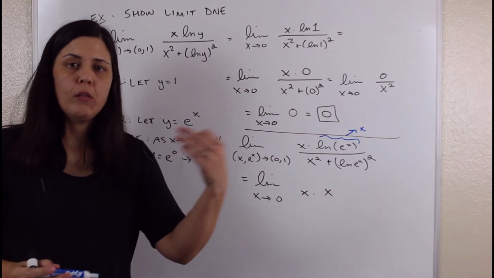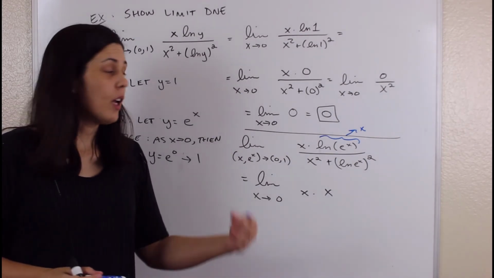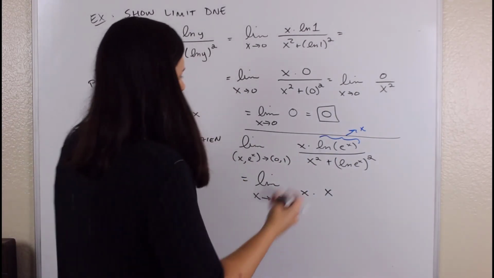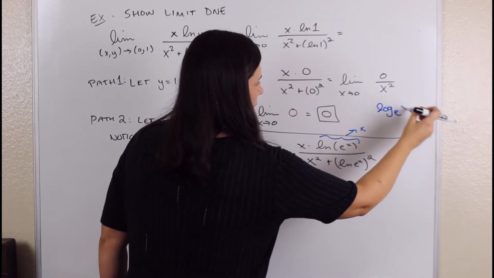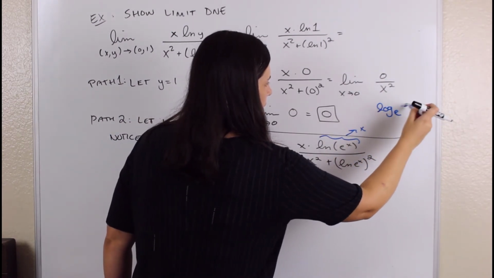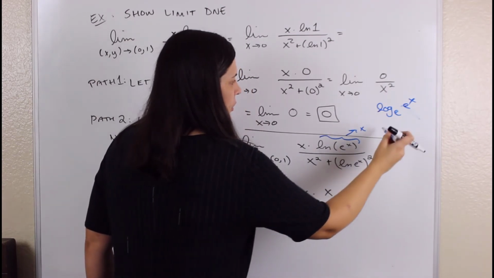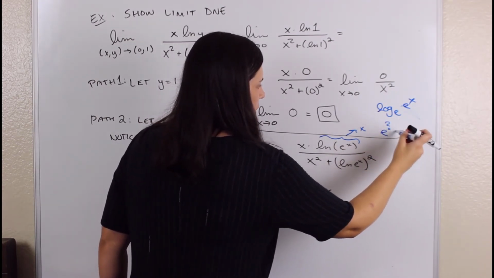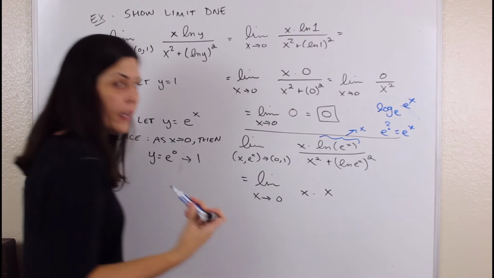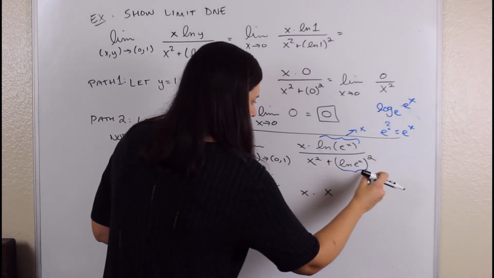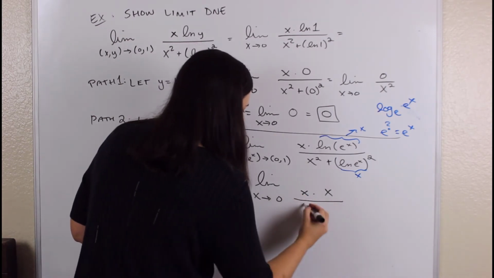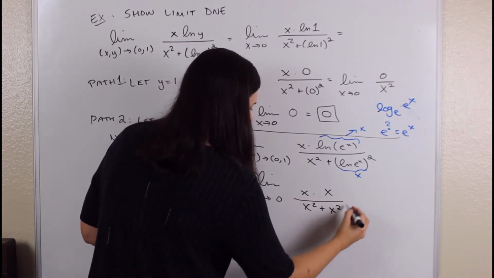If you go back and think about your rules of logarithms, I'll show you if you're confused on that. This is log base e, and this is of e to the x. So it's asking you e to what power is e to the x. So the answer is that power. And so this is also just x. So on bottom, x squared plus x squared.